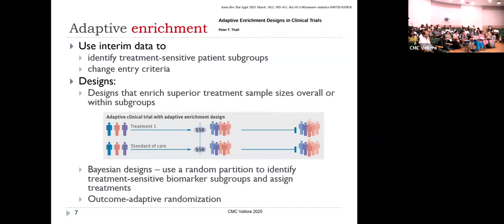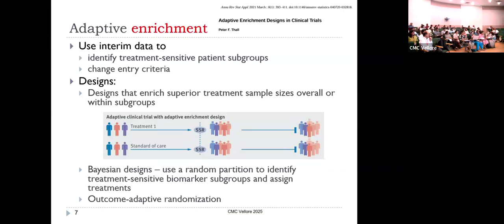And so if it's unblinded information that's needed for part of the criteria for the change, then only the DSMB can do it. And if it's based on blinded information, then the steering committee can do it.